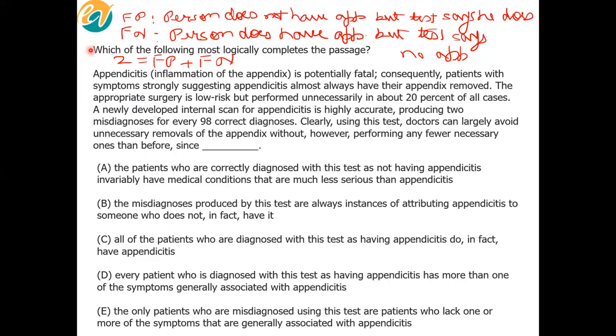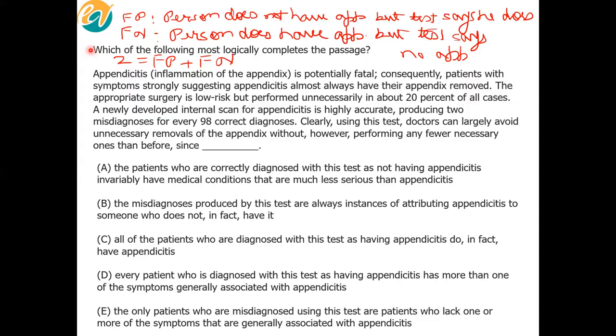Yes. So now my question to you would be that they are using this newly developed internal scan, correct? Tell me, using this newly developed internal scan, when will it be the case that the surgery was necessary but still not performed? Did you get my question?